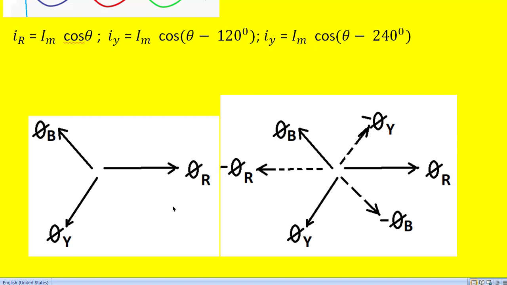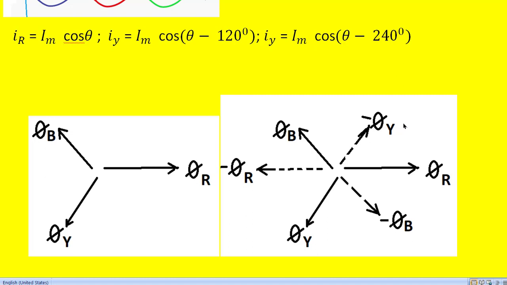And when we want to show the negative direction of the flux, that also we can show like this. This is the positive direction, this is the negative direction of the R phase flux. Similarly, this is the positive direction of the B phase flux, this is the negative direction of the B phase flux. Similarly, this is the Y phase positive direction, this is the Y phase negative direction flux.